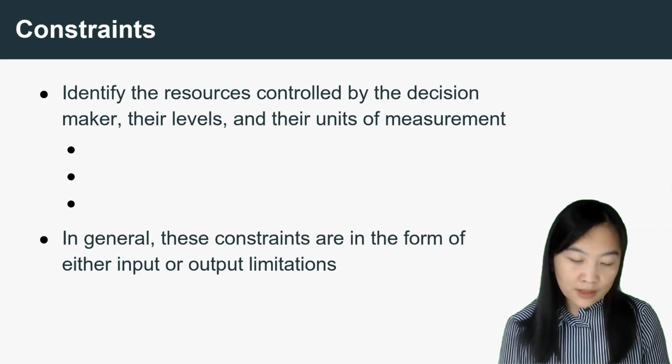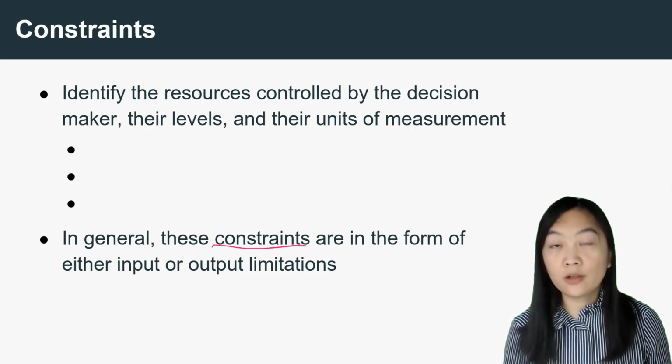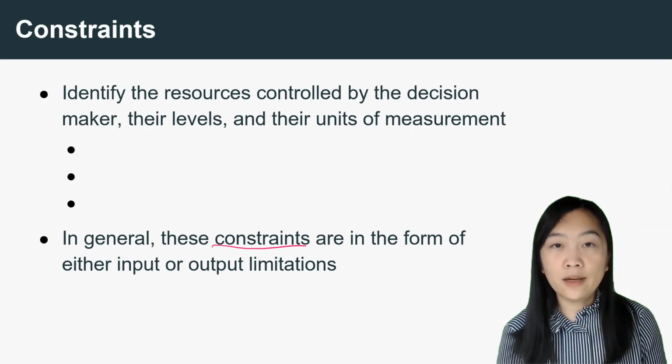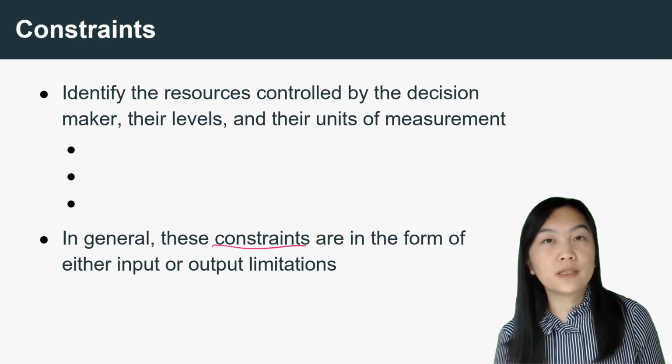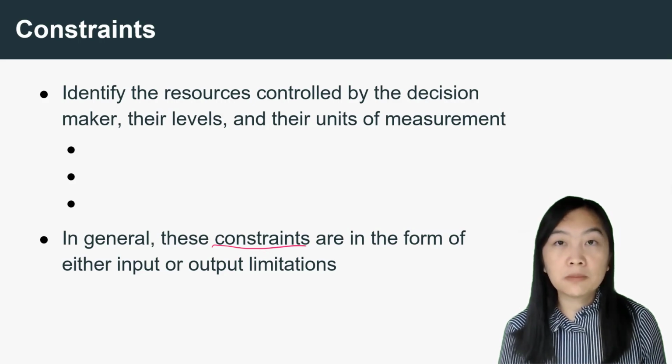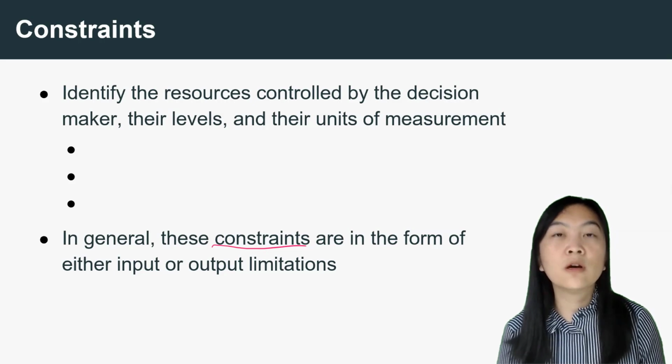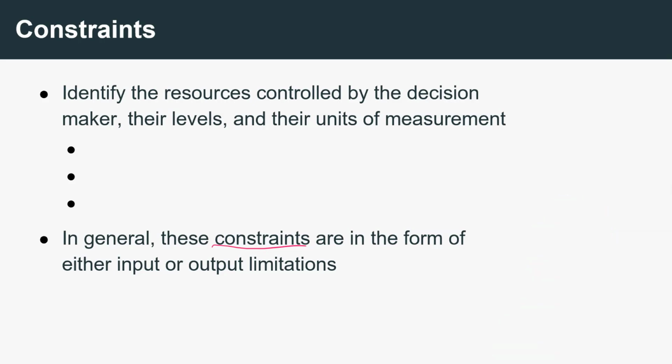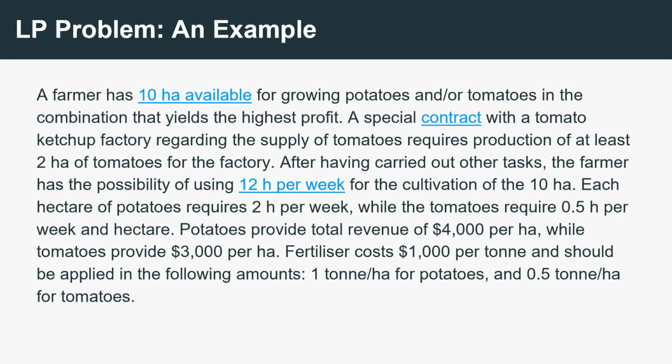Generally, the constraints are again either input or output limitations. So maybe you only have a limited amount of land, or you signed a contract and have to produce at least some level of output.